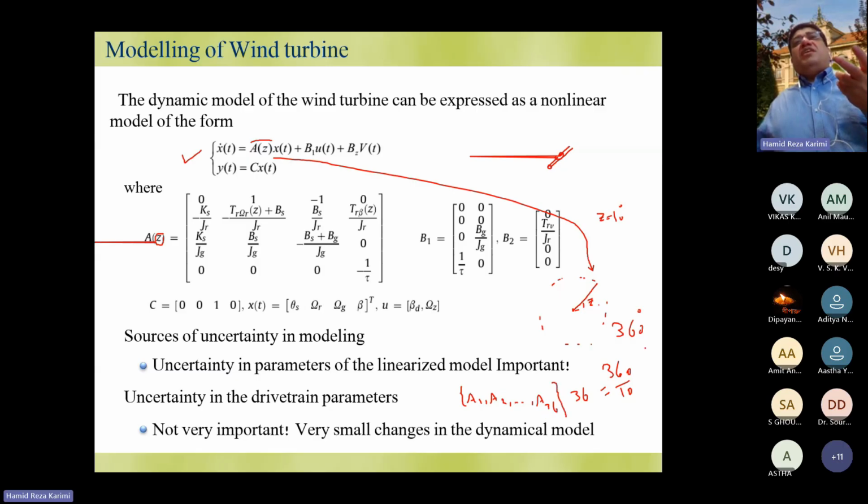Why? Because the blade has a rotation, and based on this angle parameter, you get a different mathematical model.